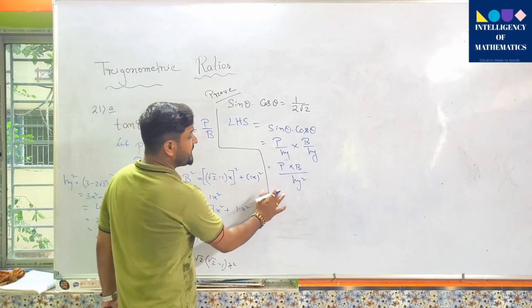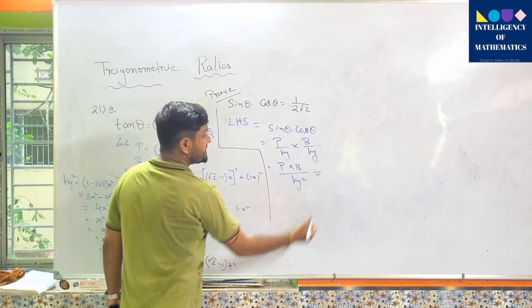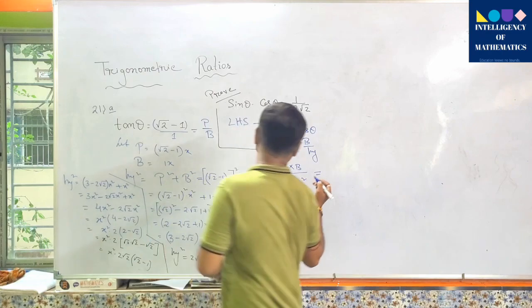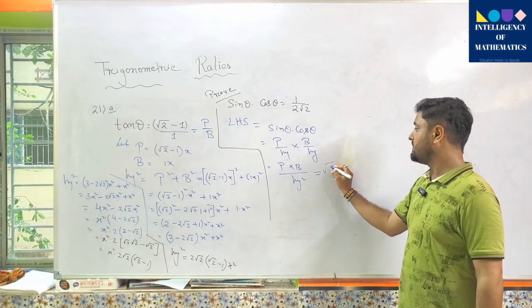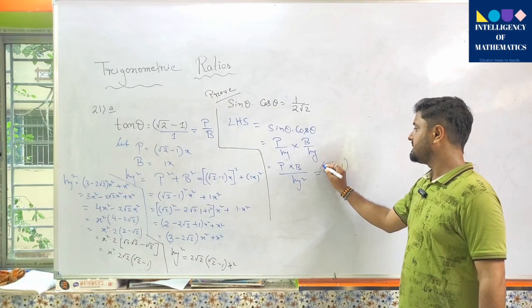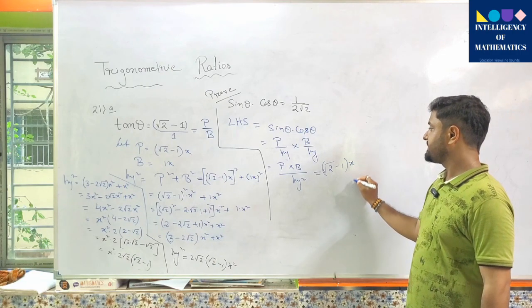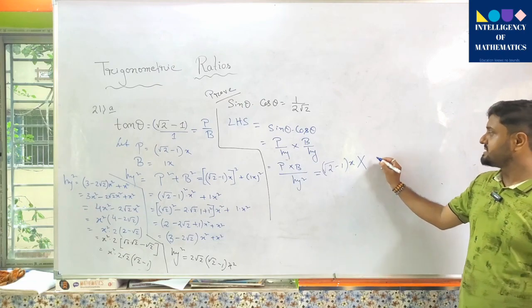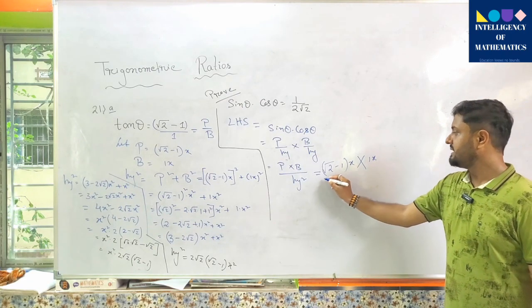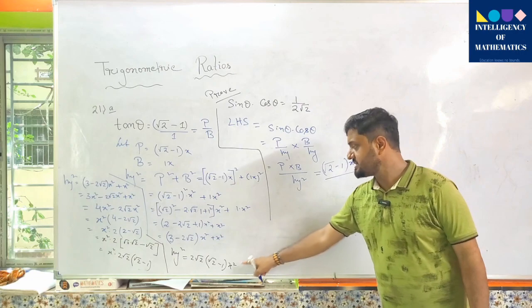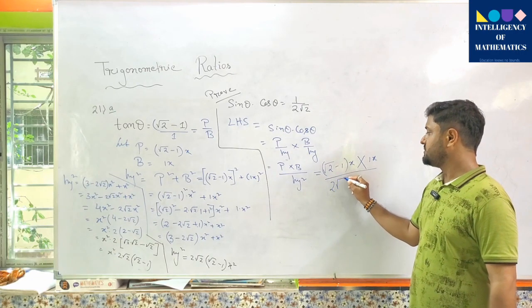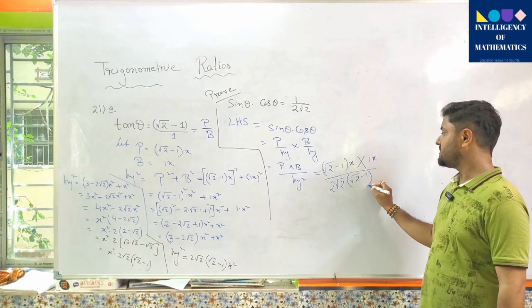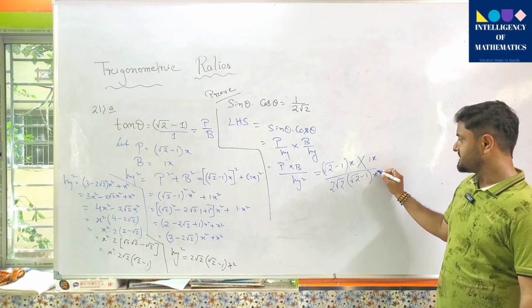Now what we will do, we will put the values. Perpendicular's value is given already, that is root over 2 minus 1 into x, multiplied by base which is only 1x, and hypotenuse square is this one, that is 2 root 2 into root over 2 minus 1 into x square.